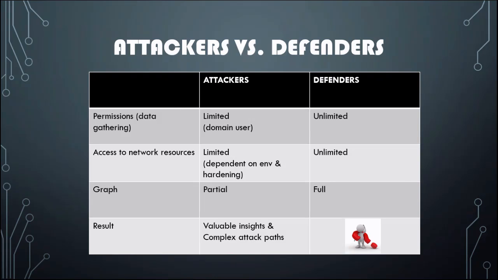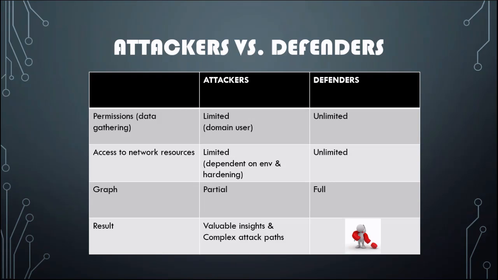Now, even though attackers have limited access, they're still able to construct a graph based on the information that they were able to retrieve. That graph would be a partial graph. Defenders, however, can create full graphs which contain any data and network resources that they want.